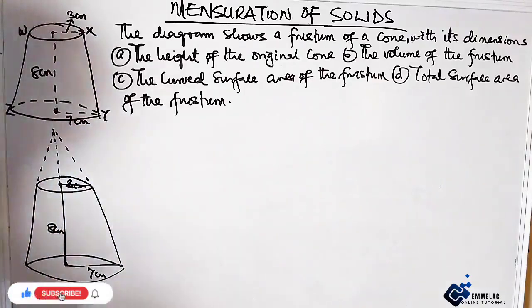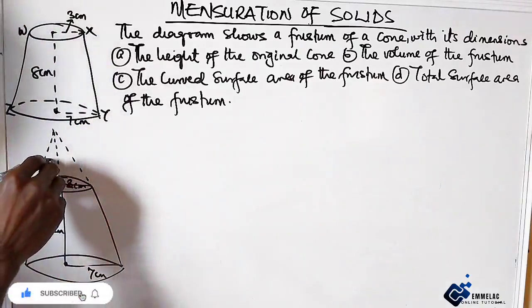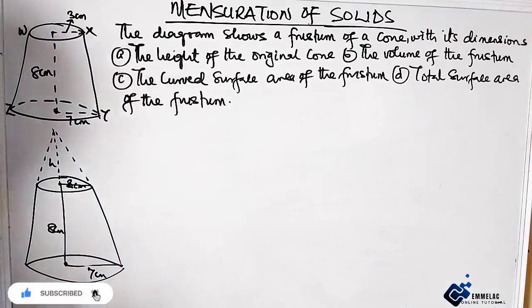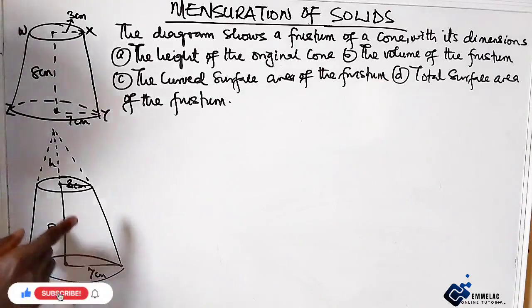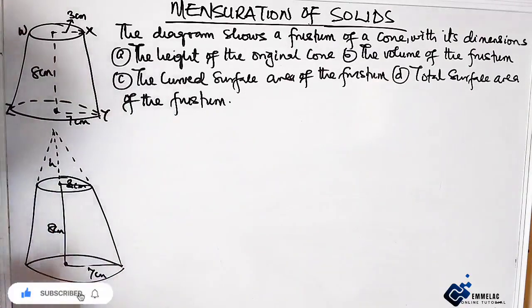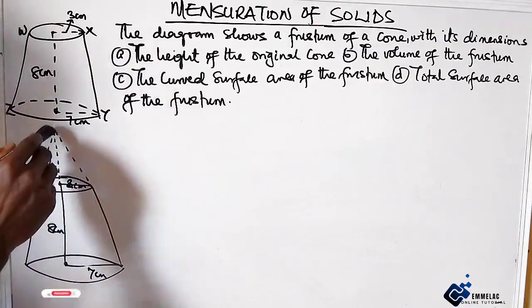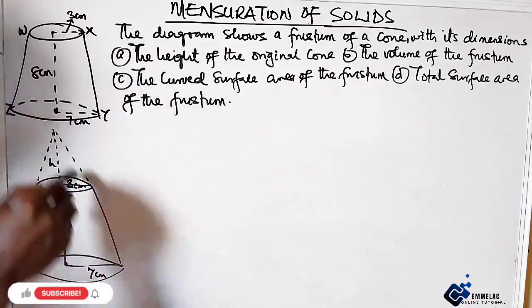But here we don't know this height, so we'll give it as h. First of all, for us to get the height of the original cone, which is the whole of this cone from here down.